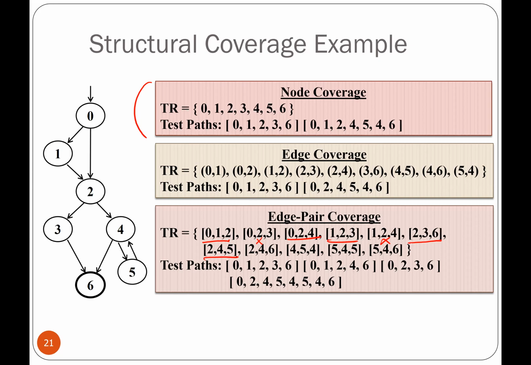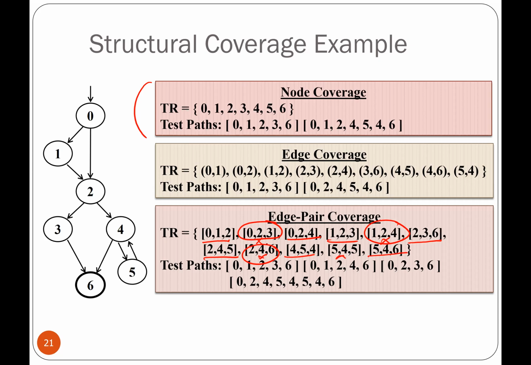No. 4, 5, 4. Yes, right there. 5, 4, 5. No. And then finally 5, 4, 6. Yes, we got it. So right away I can see I got 3 different test requirements that weren't covered.